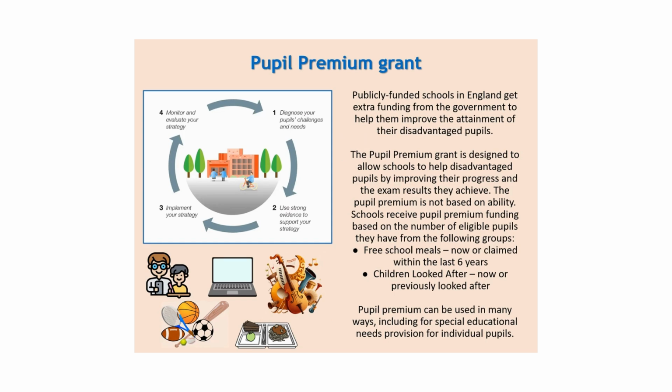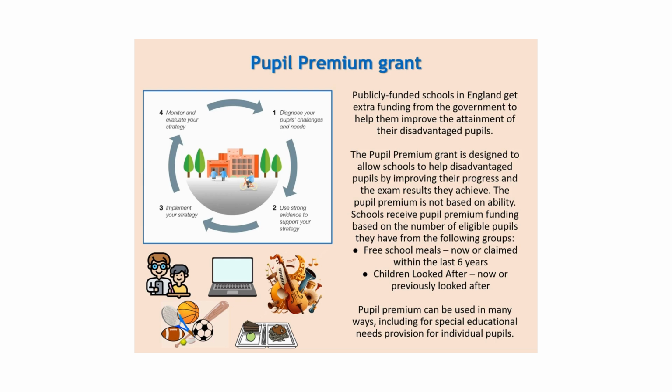The Pupil Premium Grant. Publicly funded schools in England get extra funding from the government to help them improve the attainment of their disadvantaged pupils. The Pupil Premium Grant is designed to allow schools to help disadvantaged pupils by improving their progress and the exam results they achieve. The pupil premium is not based on ability.